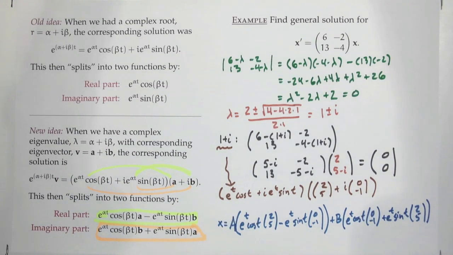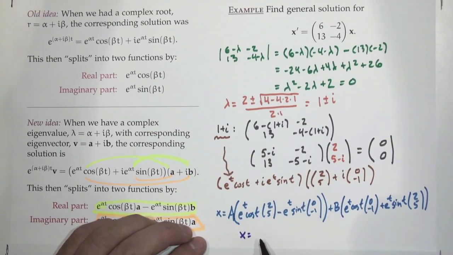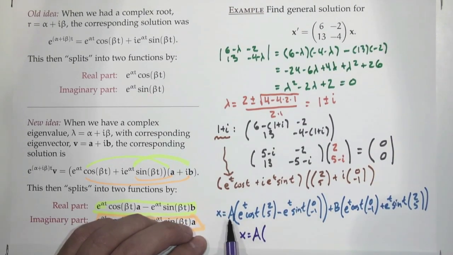Are we done? Yeah, that's actually an answer. That's full points. Now, what's something we could do? One thing you could do is combine these together in a single vector. So this is x equals a, and now we just combine. You could say 2 e to the t cosine t, and then there's no sine t part because there's a 0, 5 e to the t cosine t plus e to the t sine t.